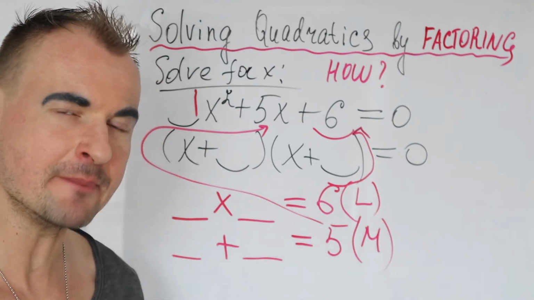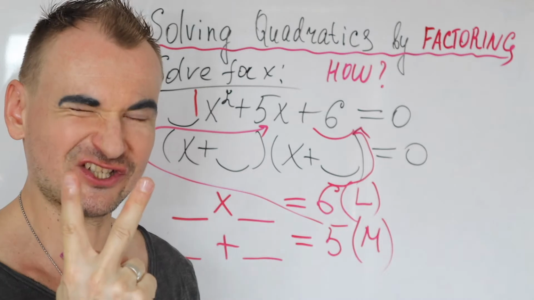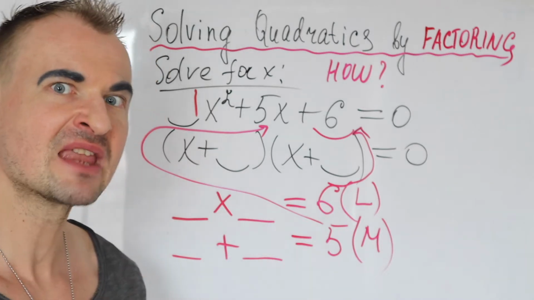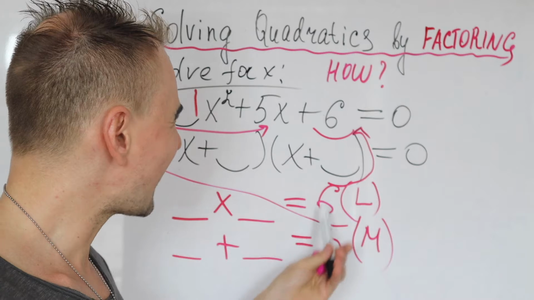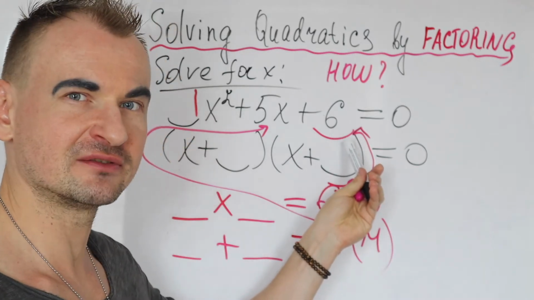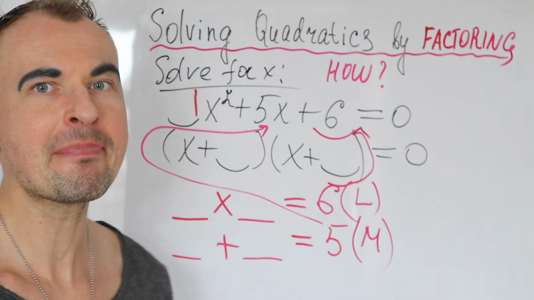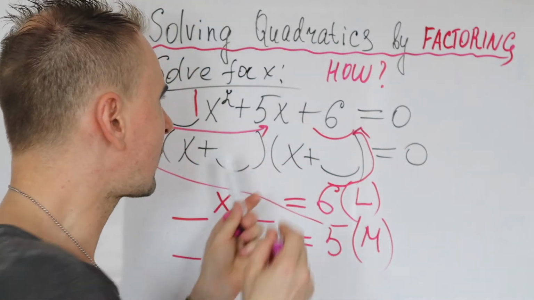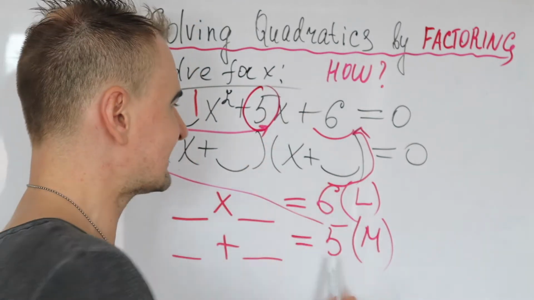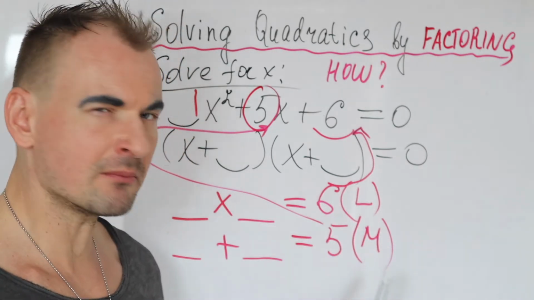Okay, one more time. We're searching for two numbers that multiply to the last coefficient, which is 6, the last constant in this problem, and they add up to the middle coefficient, which is 5. Here I wrote L and M.